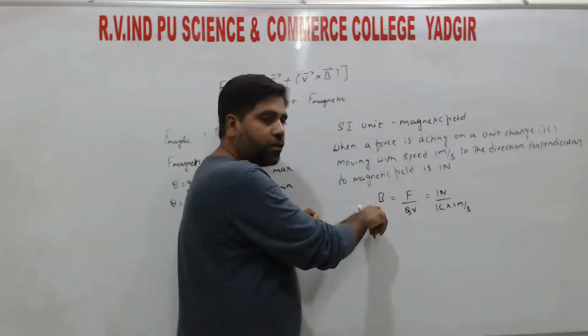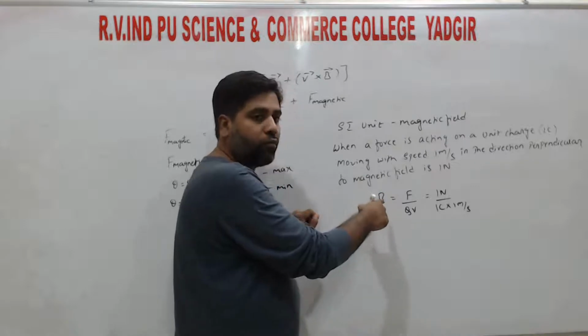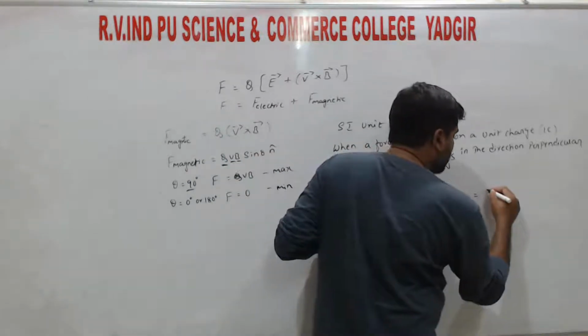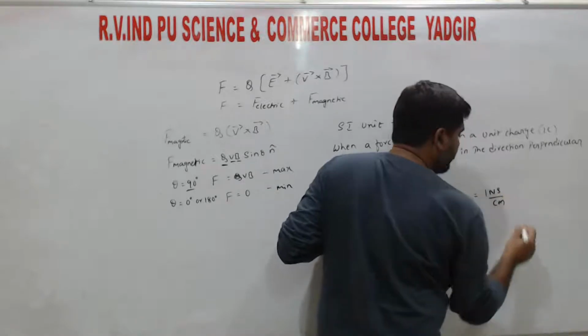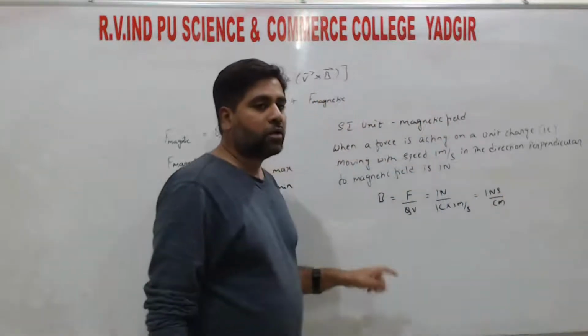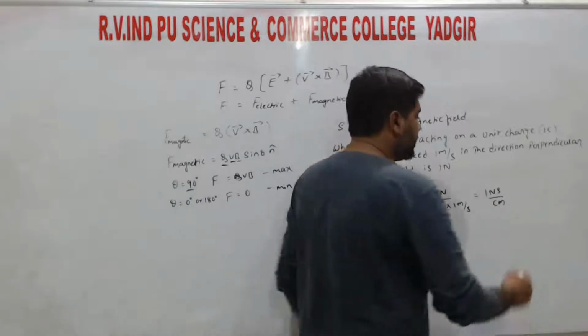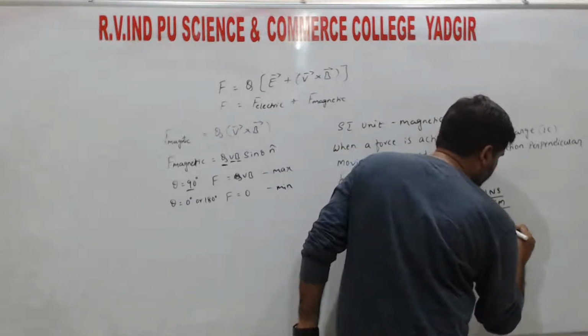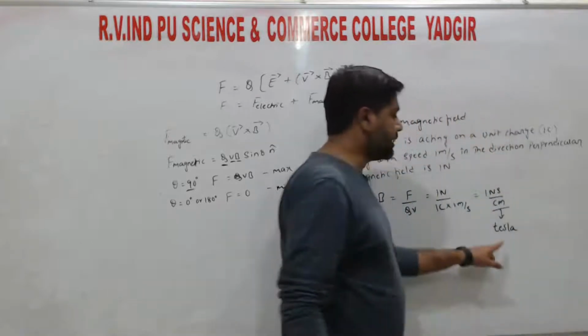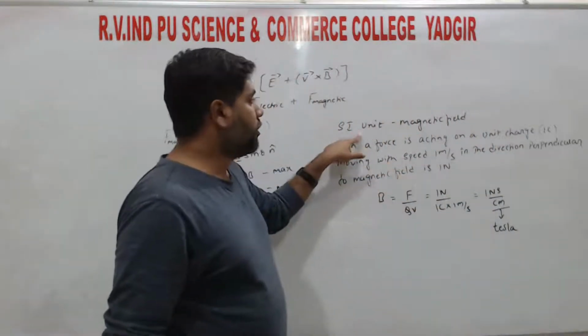So we get the magnitude of the magnetic field as 1 unit, that is equal to 1 Newton second per coulomb meter. Right? We call this unit Tesla. That means Tesla is the unit for the magnetic field.